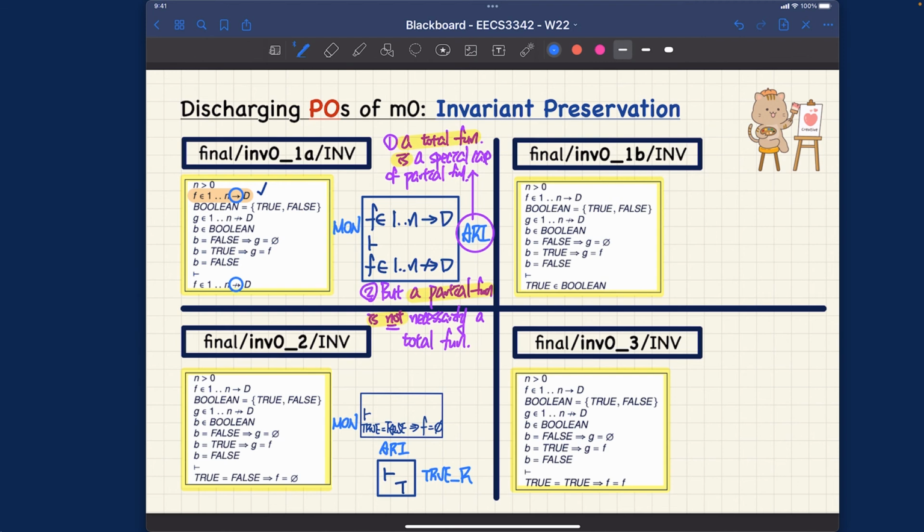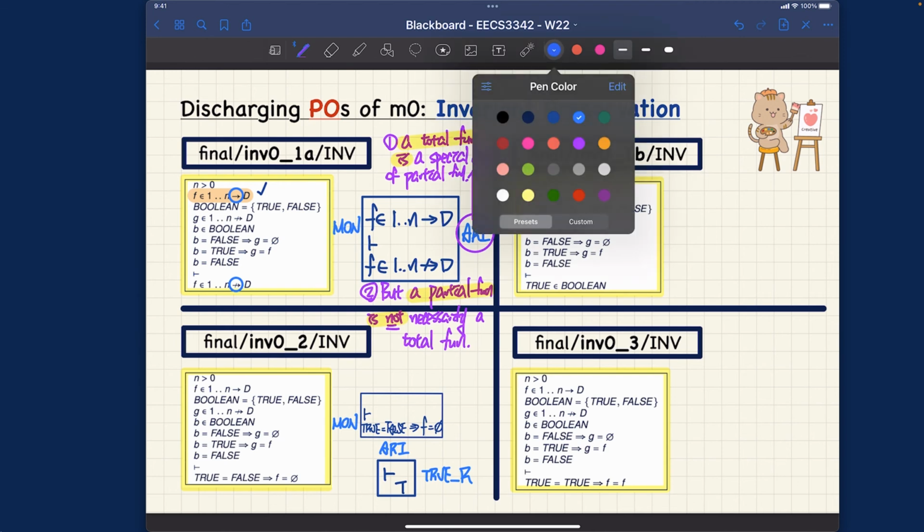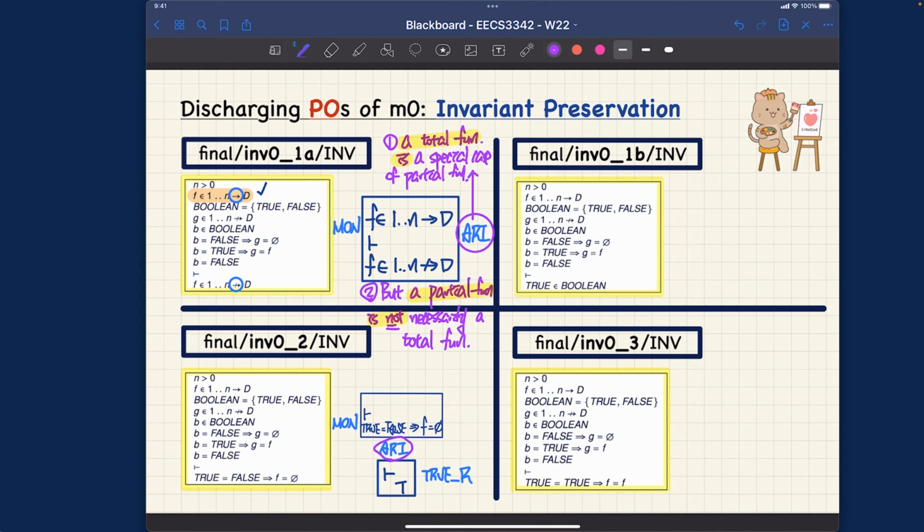Let's now try to further justify this arithmetic step over here. Number one, we can say true equals false is equivalent to false. Think about this as one member value from the Boolean carrier set, and another member from the Boolean carrier set.